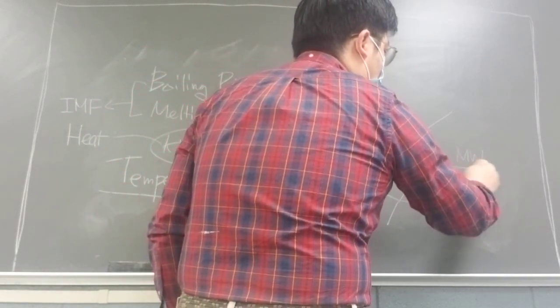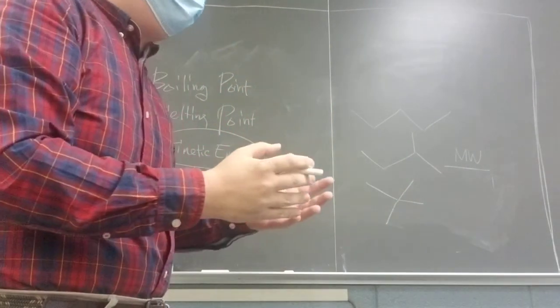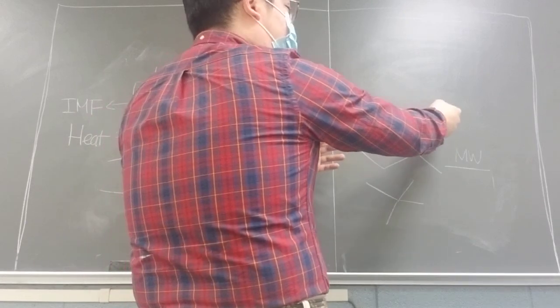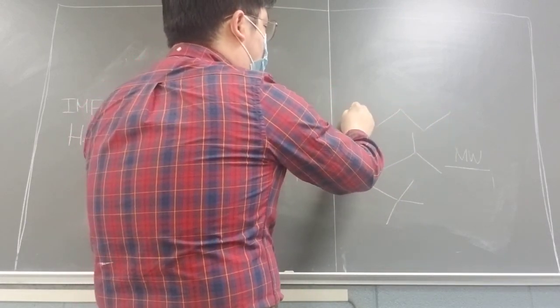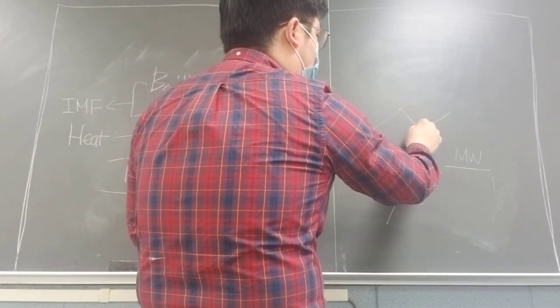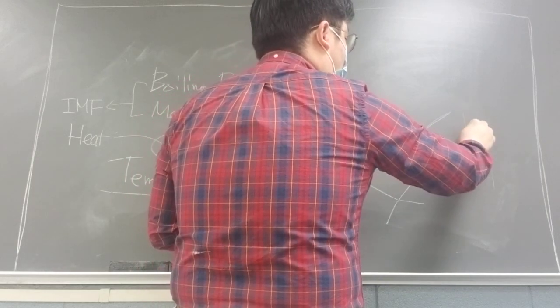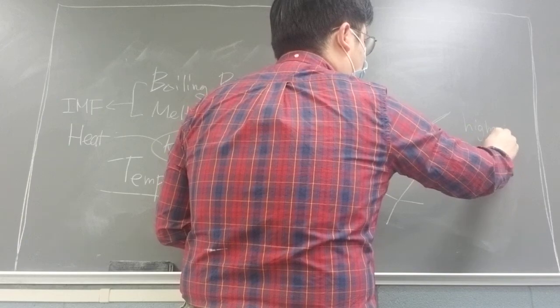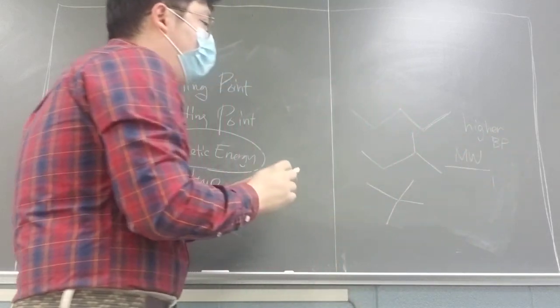So they all share the same molecular weight and chemical formula, but differ in structure because of different bonding for each individual carbon here. If it is a more linear shape, we'll have higher boiling points or melting points, you can say.